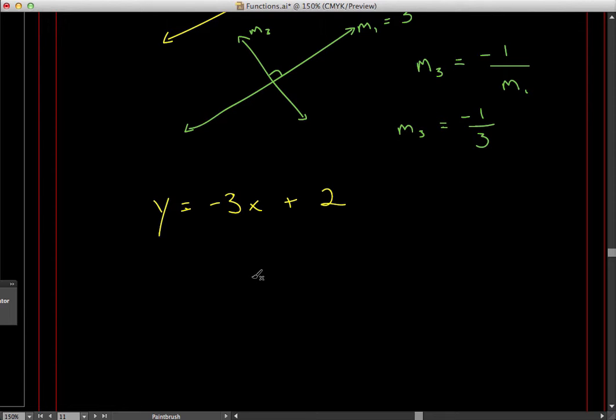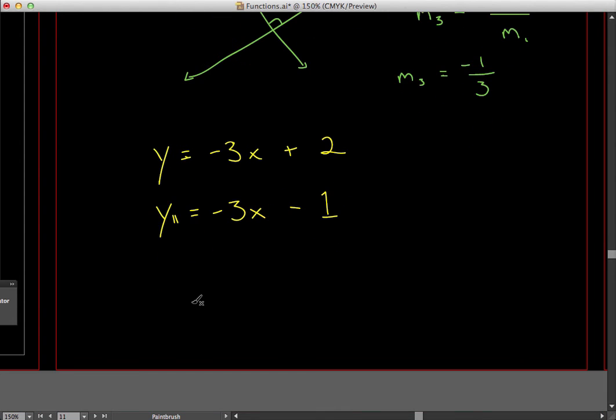And say we're asked to find the equation of a parallel line. Well, the equation of a parallel line, so y parallel, would be equal to the same slope, negative 3x, and then a different y-intercept. So we can pick negative 1, for instance. So this would be a line that is actually parallel to our initial line.